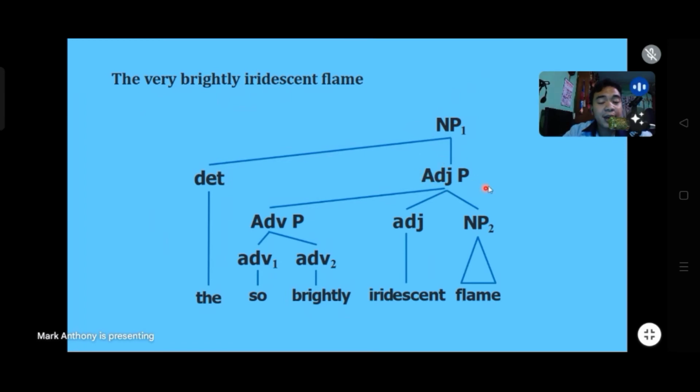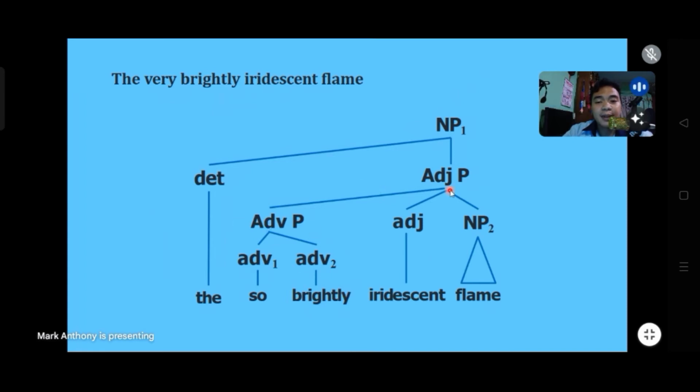Now, the adjective phrase is divided into different sub-constituents, which categorizes the words very brightly as the adverb phrase, in which we have adverb 1, which is very, and it is labeled so, and the second adverb, which is brightly.